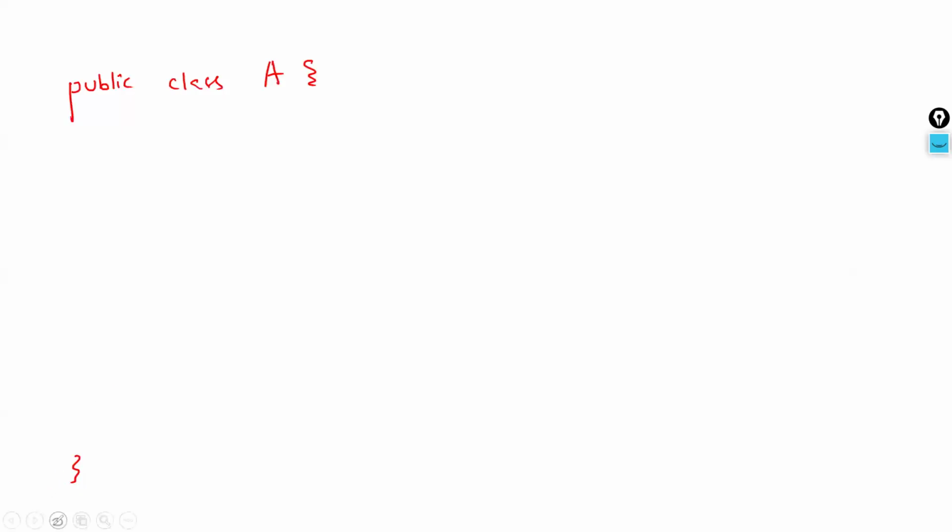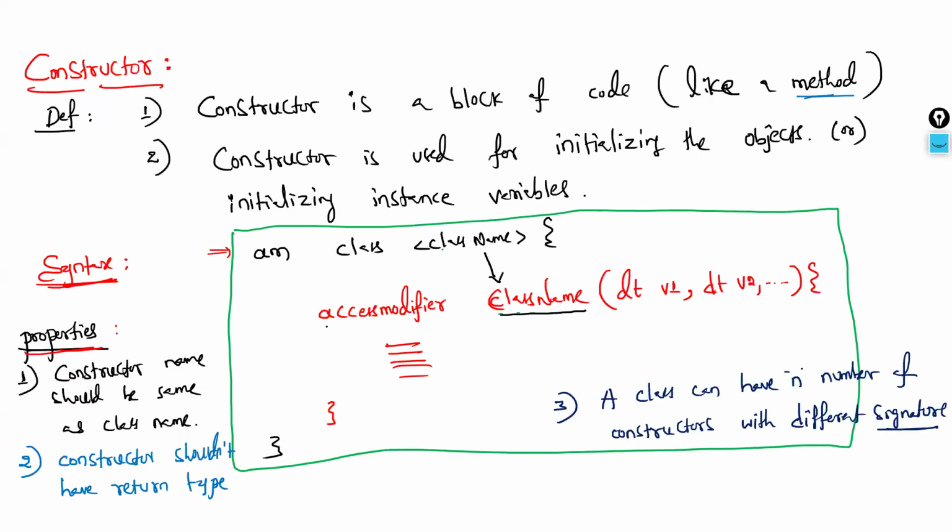Then inside this class, if you take a constructor, what's the syntax of the constructor? Access modifier. So here, in place of access modifier, what is allowed to use? Yeah, public, protected, default, private. So we can use any of these in place of the access modifier, same as the access modifier of a class or method.